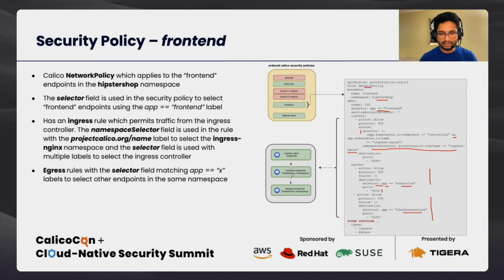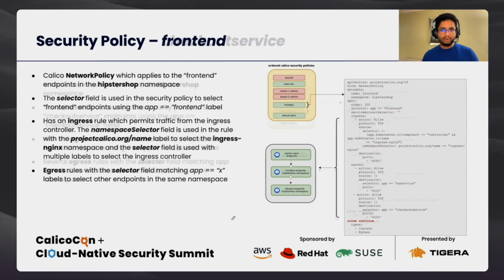However, for those services, and we'll look at this in a subsequent policy, you also have to make sure that you create an ingress pinhole for those endpoints, which we've not done yet. So just because there's an egress rule permitting traffic from front end to checkout service, it doesn't mean that the flow is allowed end to end.